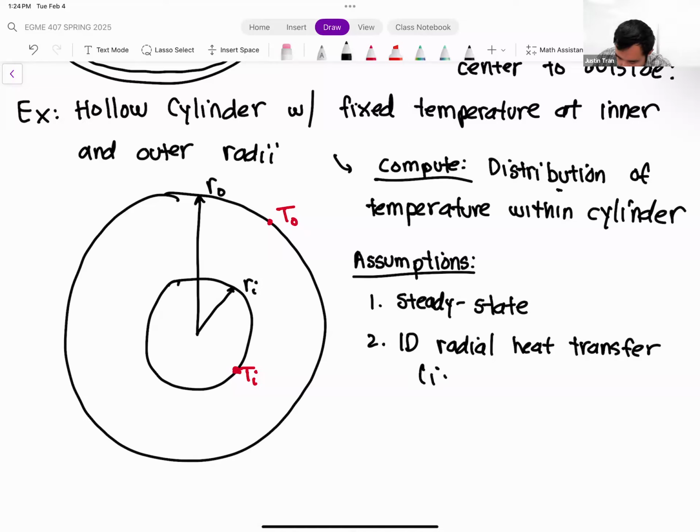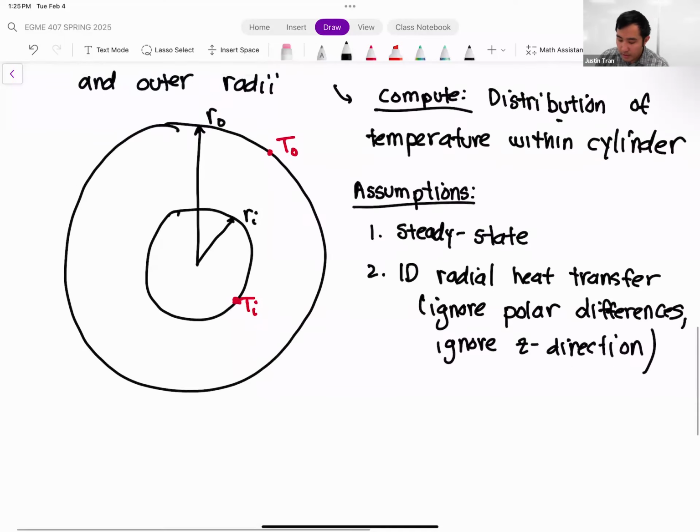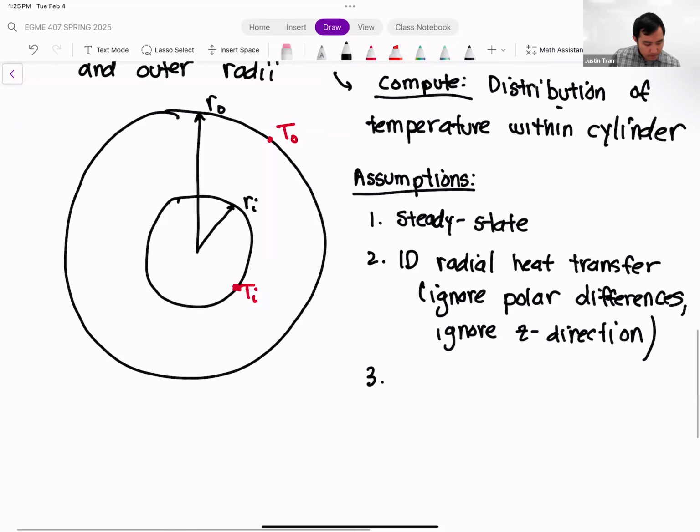So in other words, we're going to ignore any polar differences, and we're going to ignore any axial differences, so that's any variation in Z. Because if you look back in your notes from last week, you'll see that there are two terms in particular in the heat equation: one term that has a derivative with respect to theta, and another term with a derivative with respect to Z. We're just going to ignore those, so we're going to eliminate those ones.